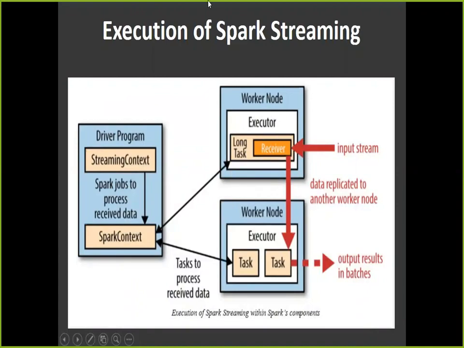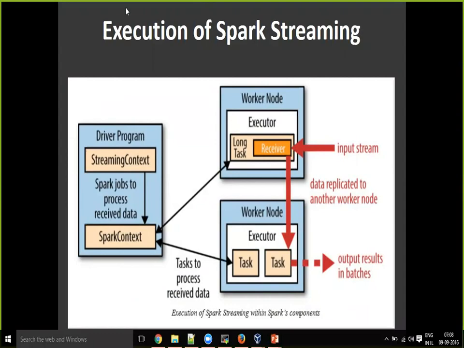So long-running tasks will be running on the executor JVMs. Those are nothing but your receiver tasks. The receiver task is responsible for receiving the message from the input stream. Let's say it is a socket text stream, so this receiver is the one that keeps listening on that socket port number.